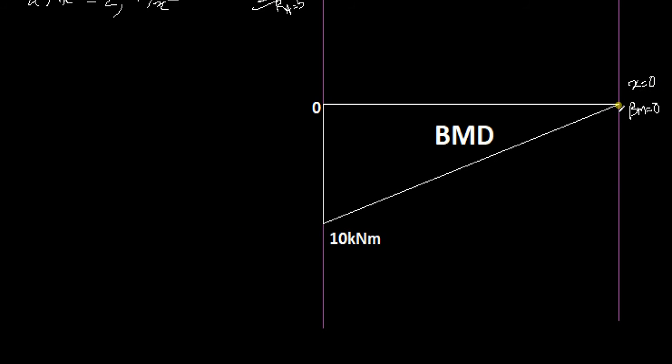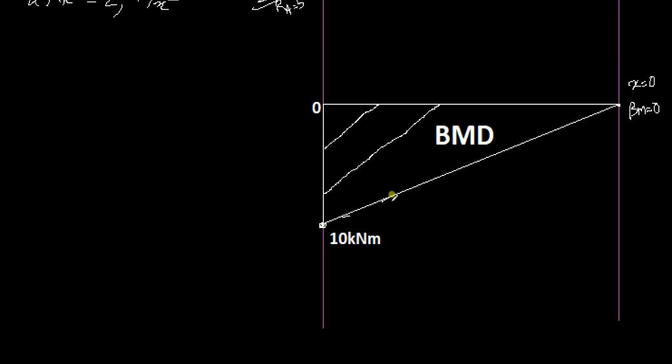So you create a straight line from this point to this point, 0 here and 10 here. Obviously, the moment generated by the support equalizes this to 0. That constitutes your bending moment diagram for the cantilever beam.